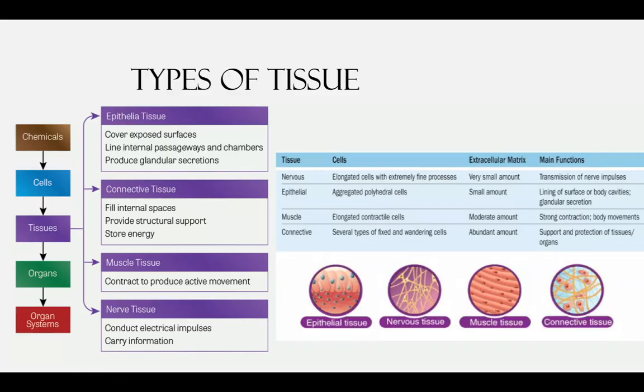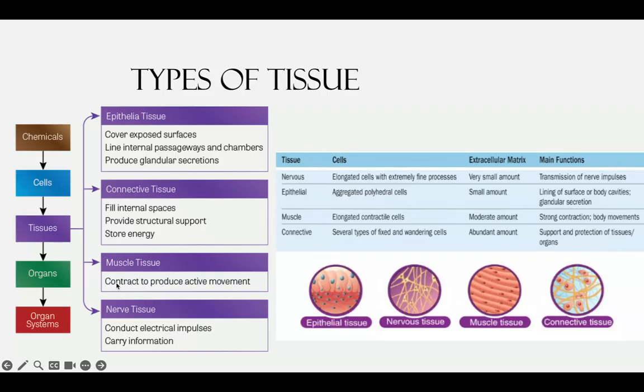Connective tissue, I will say, is probably the hardest to identify in my personal opinion. But with connective tissue, we're looking at tissues that will provide structural support. They can fill internal spaces. They can store energy. And if we look over here, we can see that connective tissue also performs in protecting different organs, protecting different tissues. Okay.